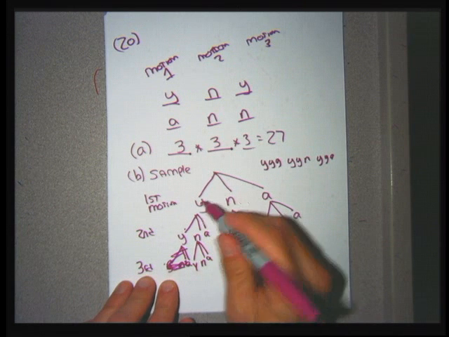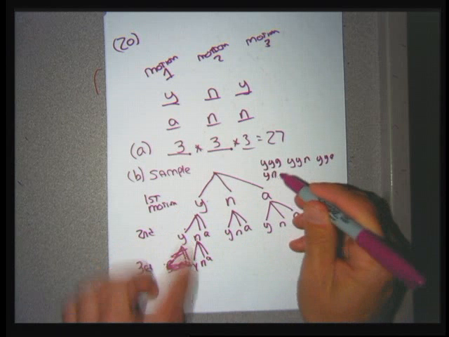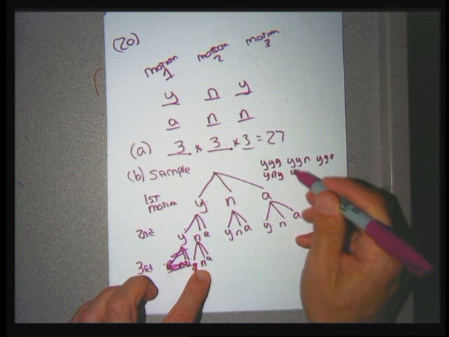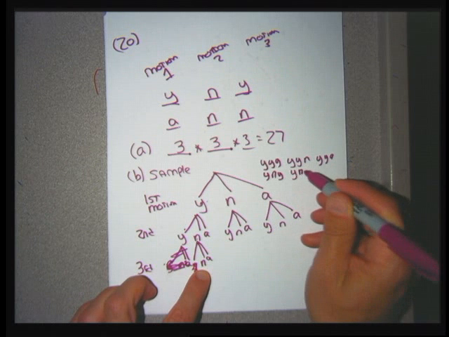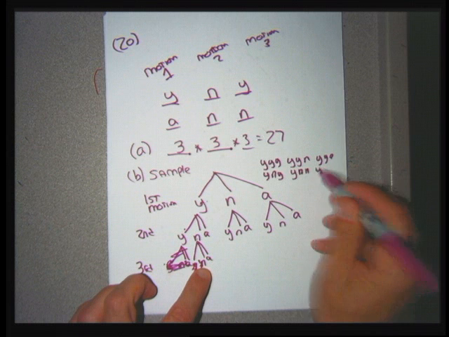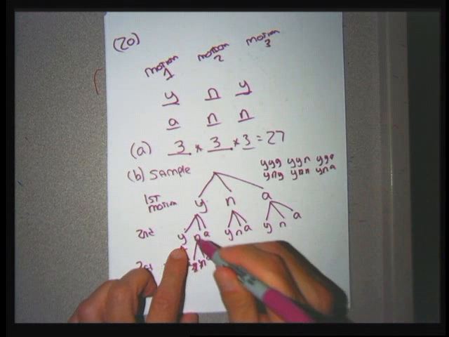And this is going to be voting yes on the first, no on the second, yes on the third. That takes care of that. The next one is yes on the first, no on the second, no on the third. That takes care of that. And then yes on the first, no on the second, abstain on the third. That takes care of that.